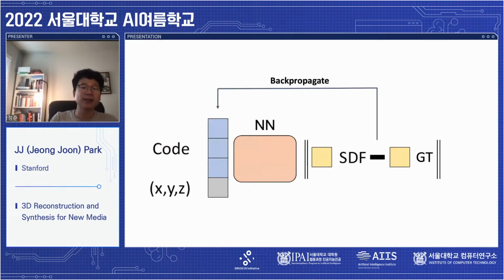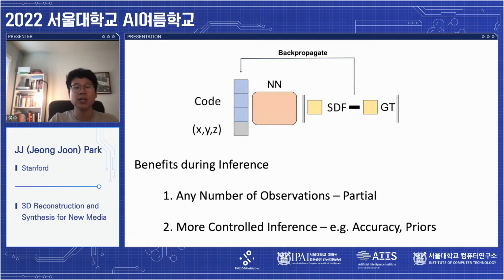So in DeepSDF, the inference and training of the network is equal to optimizing for the latent code in order to minimize the L1 difference between the predicted and the ground truth SDF. There are several benefits of using this optimization during the inference time.